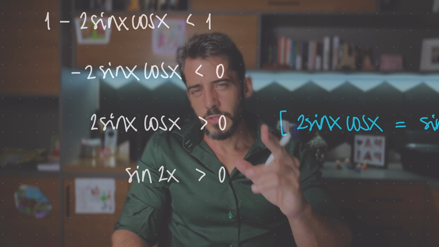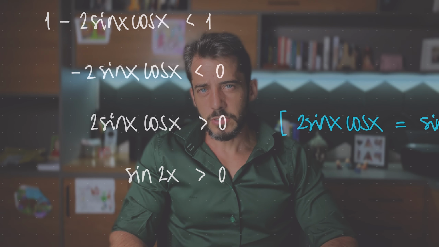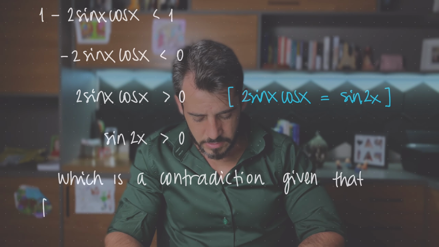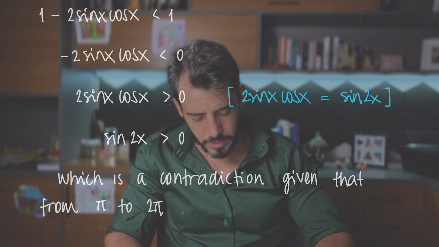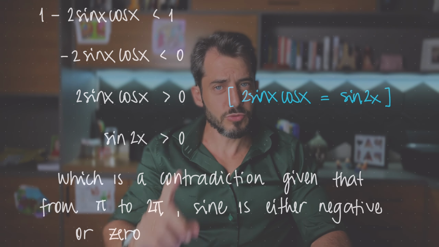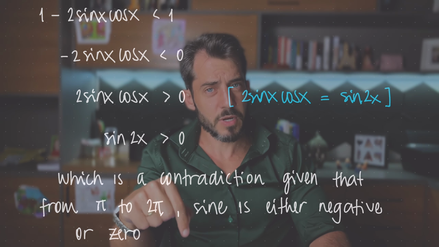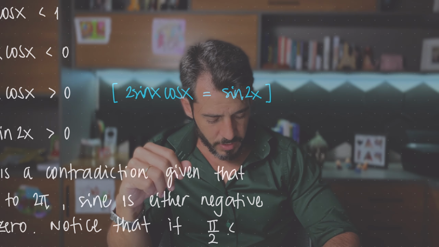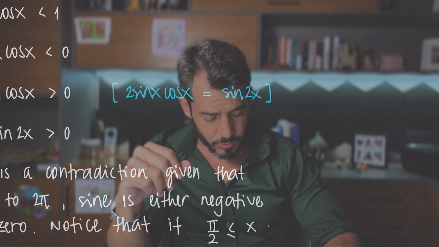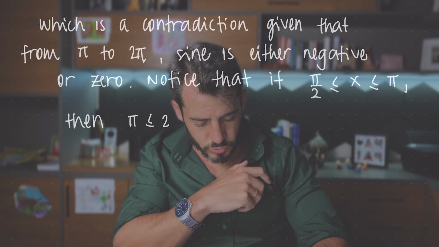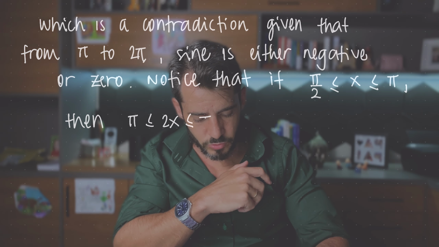And that's exactly what you have to state in your conclusion, which is a contradiction, given that from pi to 2 pi, sine is either negative or 0. And do state that we got these numbers pi and 2 pi because of this. So notice that if pi over 2 is less than or equal to x, which is less than or equal to pi, then pi is less than or equal to 2x, which is less than or equal to 2 pi.